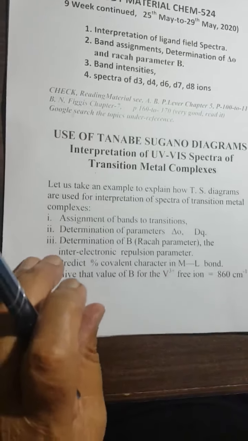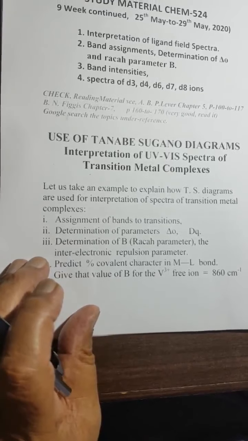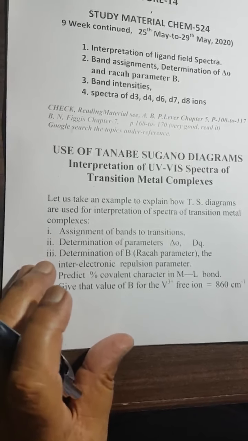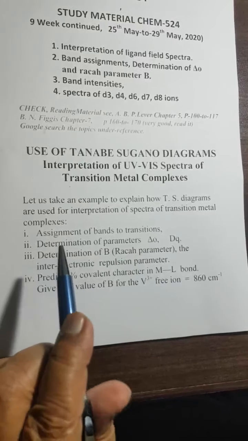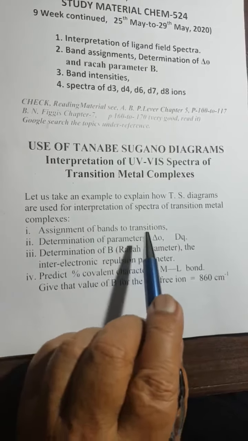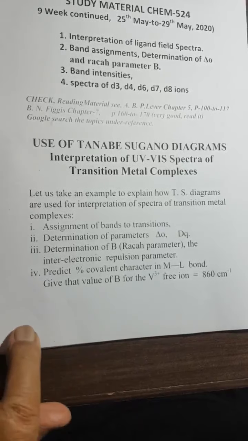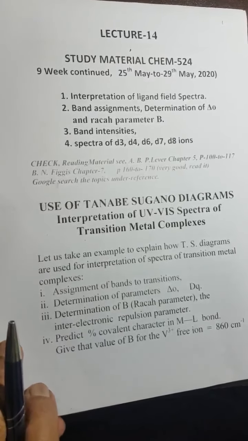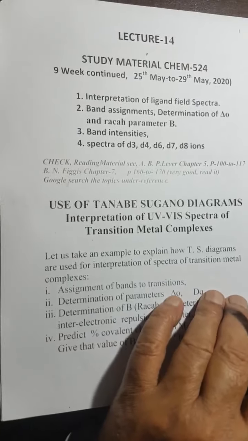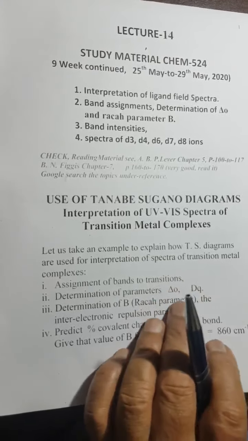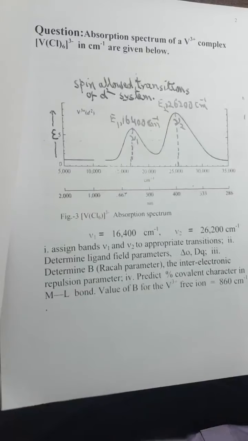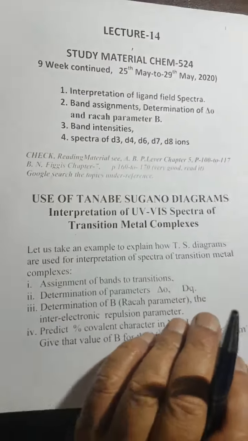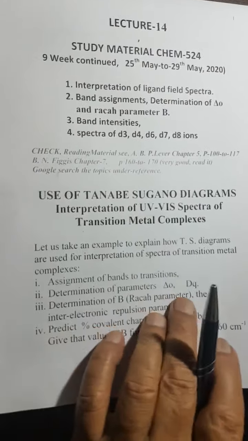Please note it, this is again a very important topic. This is going to help us assign bands to transitions, and it is also going to help us determine delta octahedral and Dq, from just the spectra.